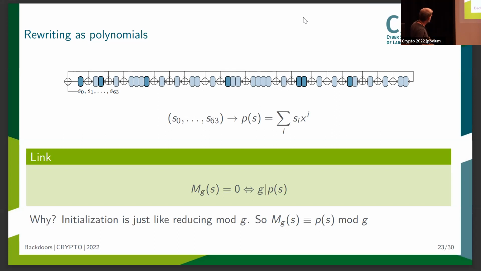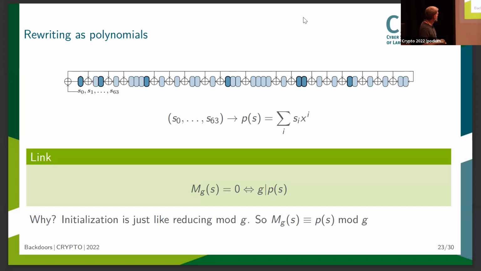And then why is it a good idea to rewrite it like this? Because a key being mapped to 0 is then equivalent to the polynomial representation of the key being divisible by the characteristic polynomial. Why is this?